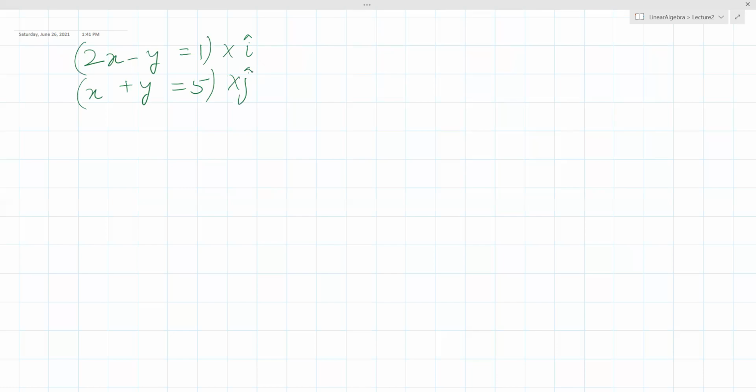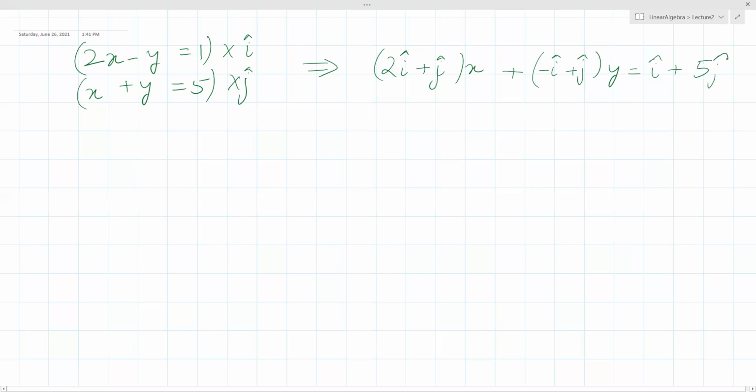If I do these two and add these two equations, I get (2i cap plus j cap) into x plus (minus i cap plus j cap) into y is equal to i cap plus 5j cap. Is there anything wrong with this?